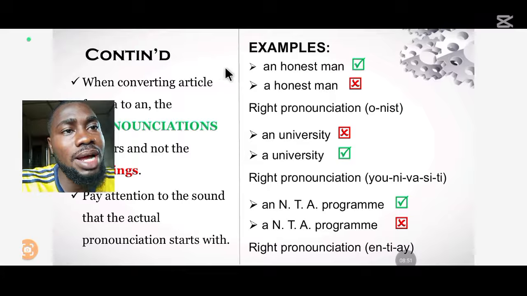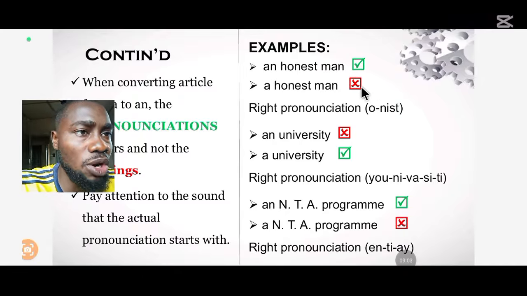Looking at the right hand side of the table to illustrate this, the example says an honest man, which is correct. A honest man is wrong. I will tell you why: the right pronunciation of this word is honest, with the H silent.